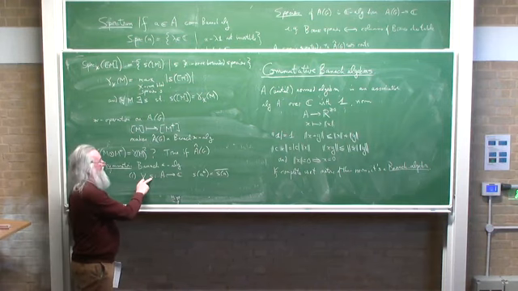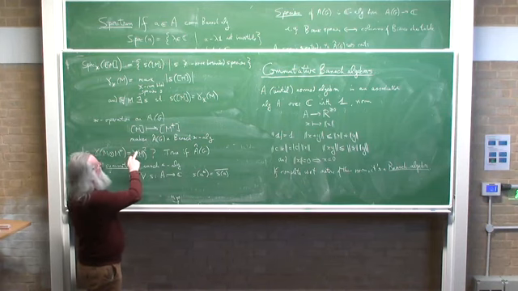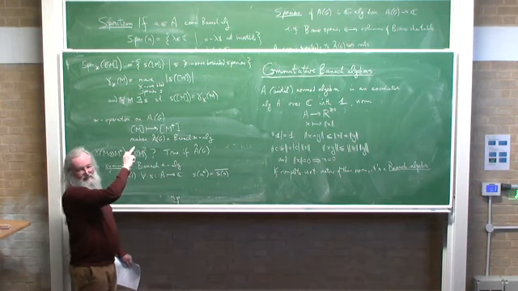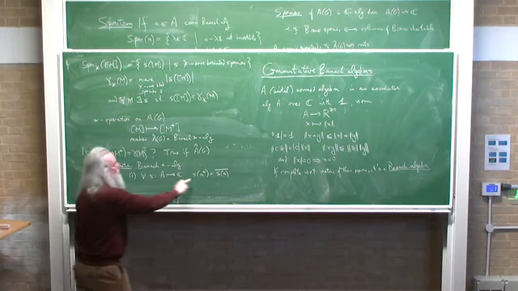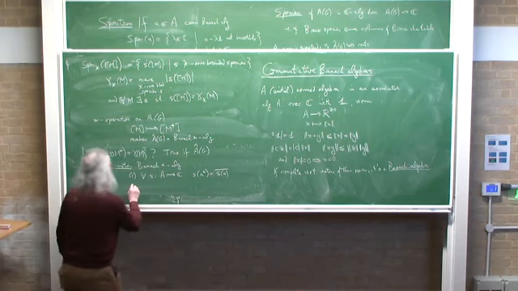I can actually just ask it for any dimension bounded species. Is it true that S of A star equals S of A bar? I'd love to know the answer to that.